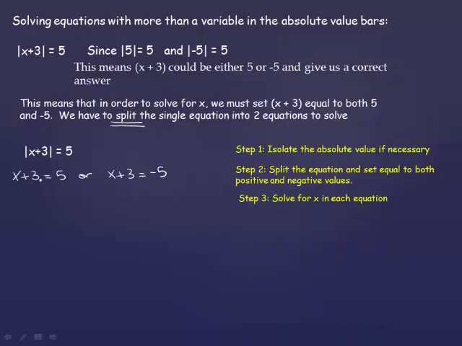Then I solve for x in each equation. And I get two different answers. So x is equal to 2 or -8. When dealing with absolute value, you will always have two answers.